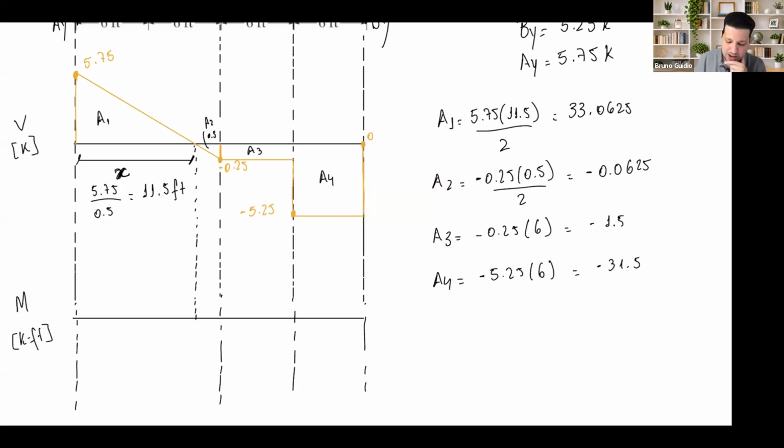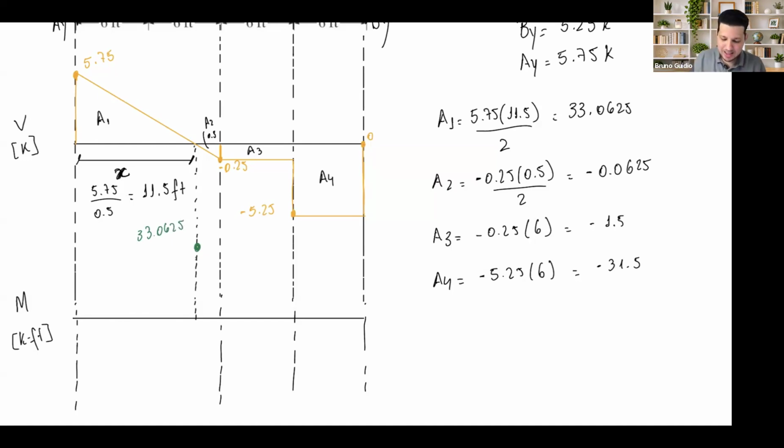So this area is going to be 5.75 times this 11.5 divided by 2, 33.06. So I can go up to here. It's going to be 33.06.25.